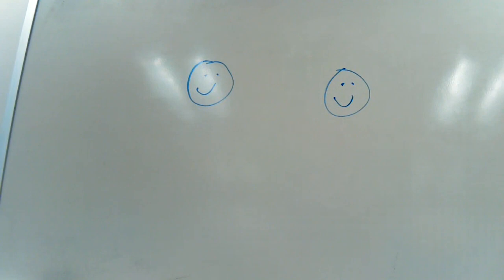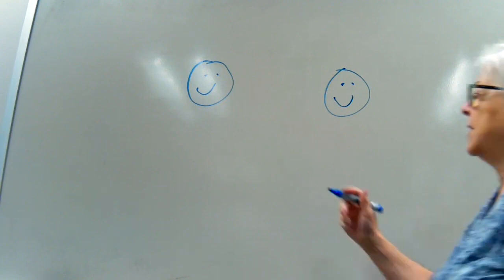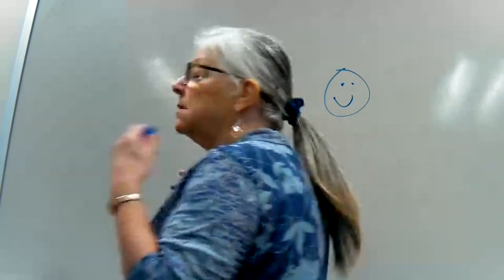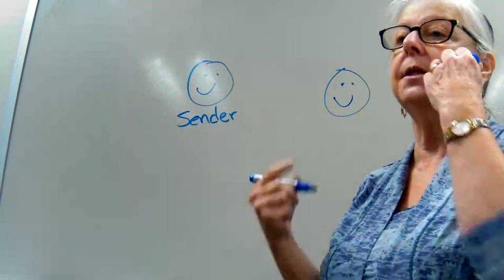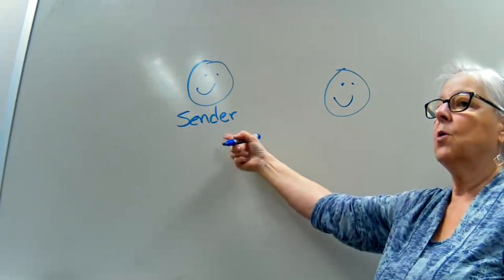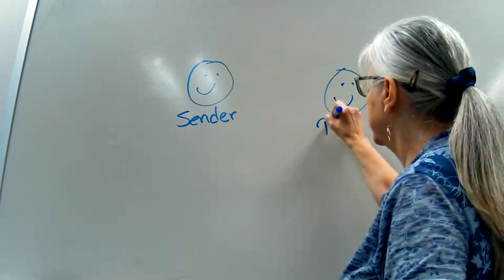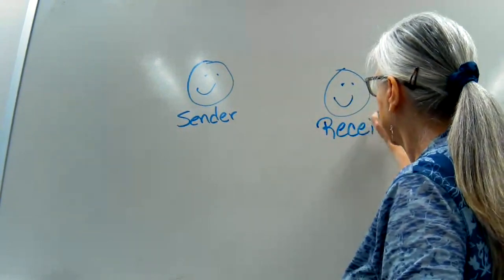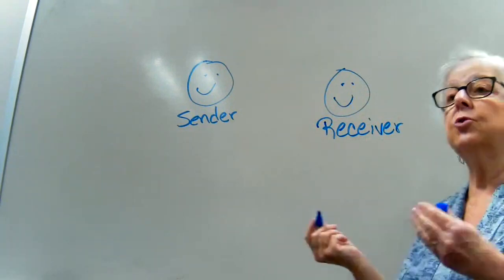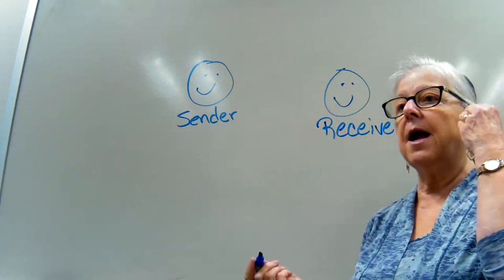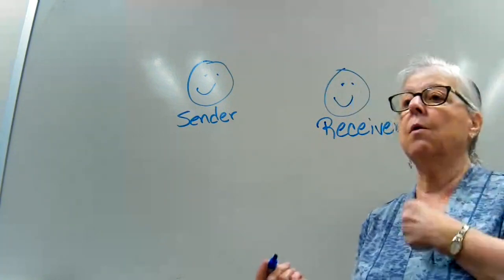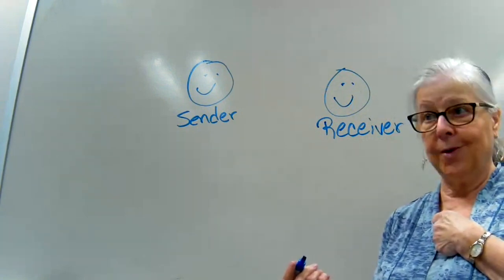So there is a sender, and this is the language of public speaking and the language of communication studies. I, the sender, am going to send you, the receiver, a message. There's something that I want you to know, something that I think or something that I feel. So it's my head or my heart. Basically, it all boils down to that.